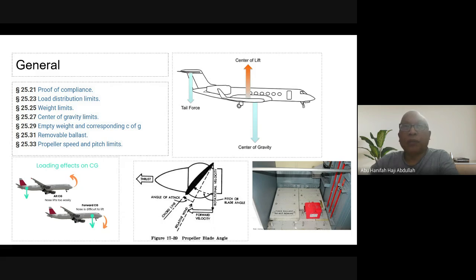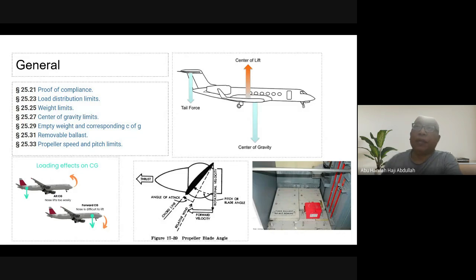However, to be safe, we go to the maximum weight that we can possibly do, and then we do all the analysis and test at that weight so that we have some reserve or margin. If there is any requirement to increase the weight, or for some reason when you complete the aircraft it is heavier than it is supposed to be, we already cater for the maximum weight that we are able to do, or want to do.